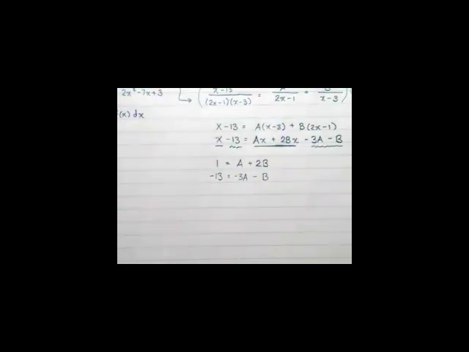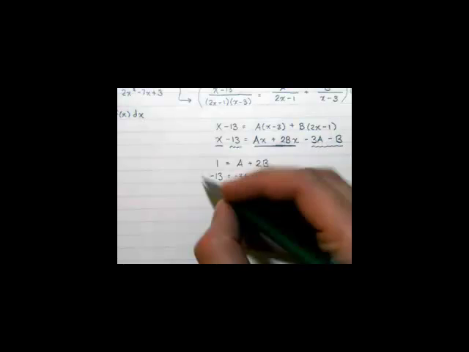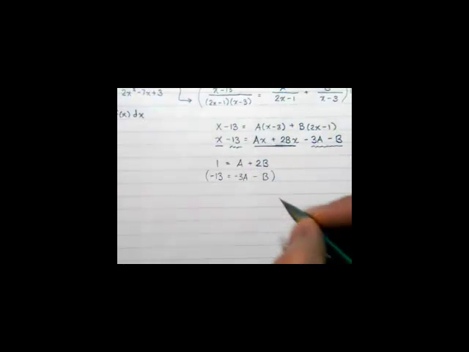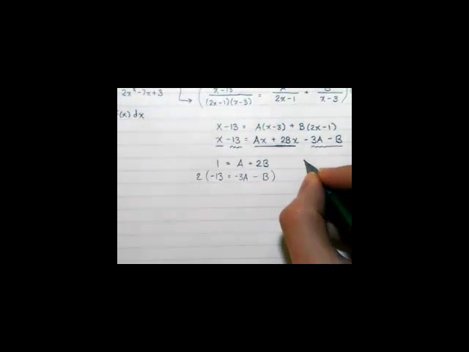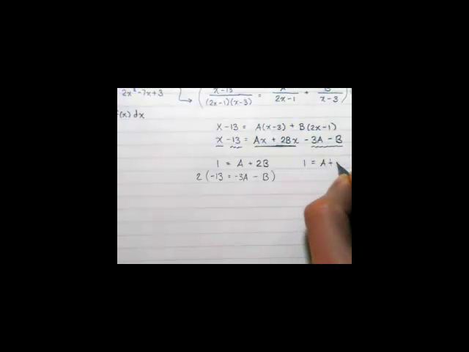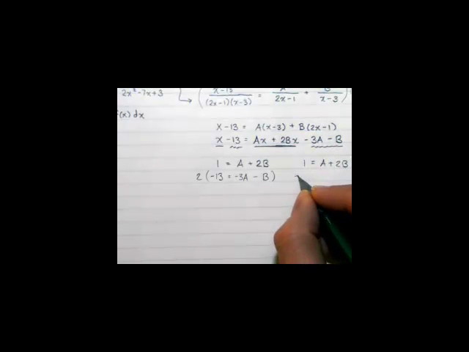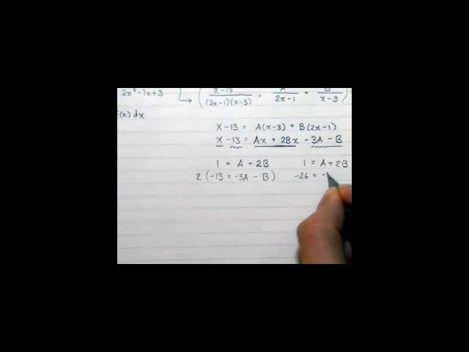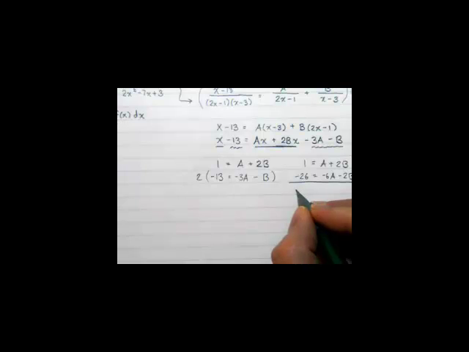How would you like to do that? What do you think I should multiply by? And which equation? Bottom one by 2. Top also been pretty good. So 1 equals a plus 2b. Now we've got negative 26 equals negative 6a minus 2b. Add those up, so that's going to be negative 25 equals negative 5a, and that's gone.